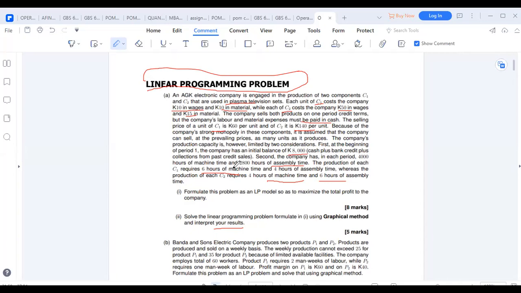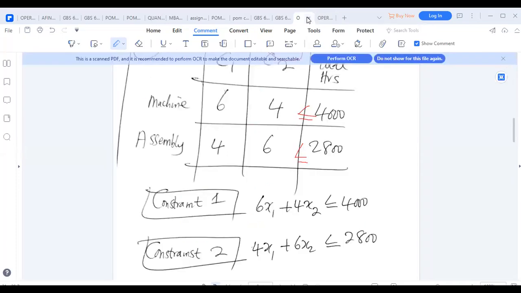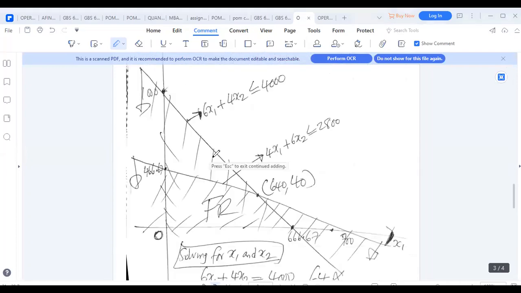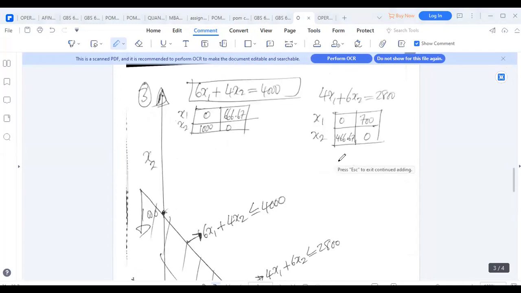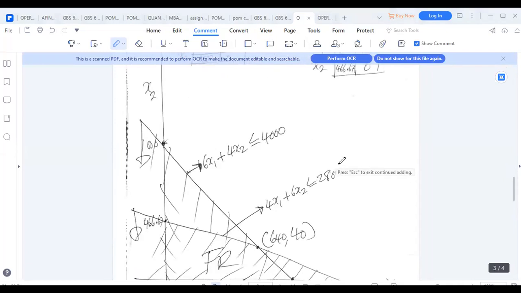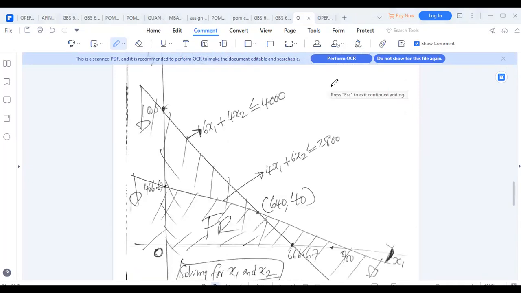So what we have here is the formulation. We are going to have the solution here when you solve these ones. Now, there's this solution here that has been prepared.